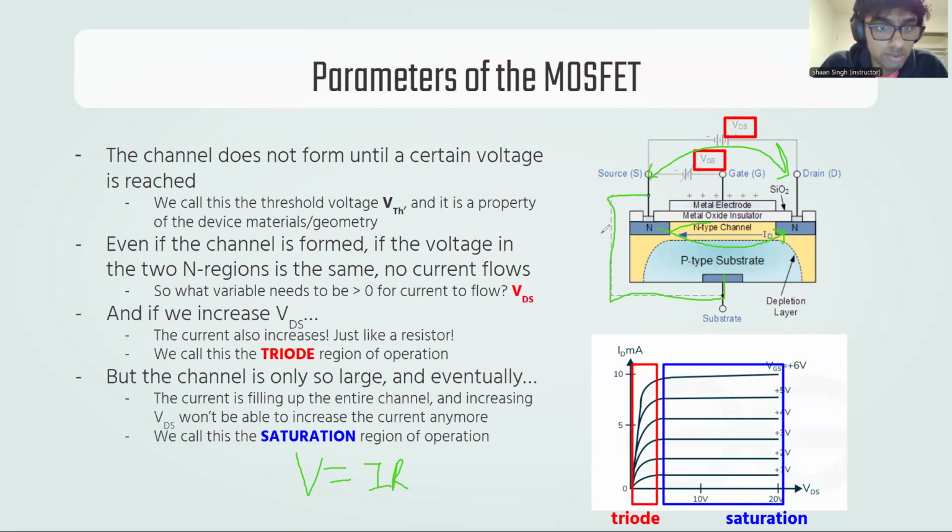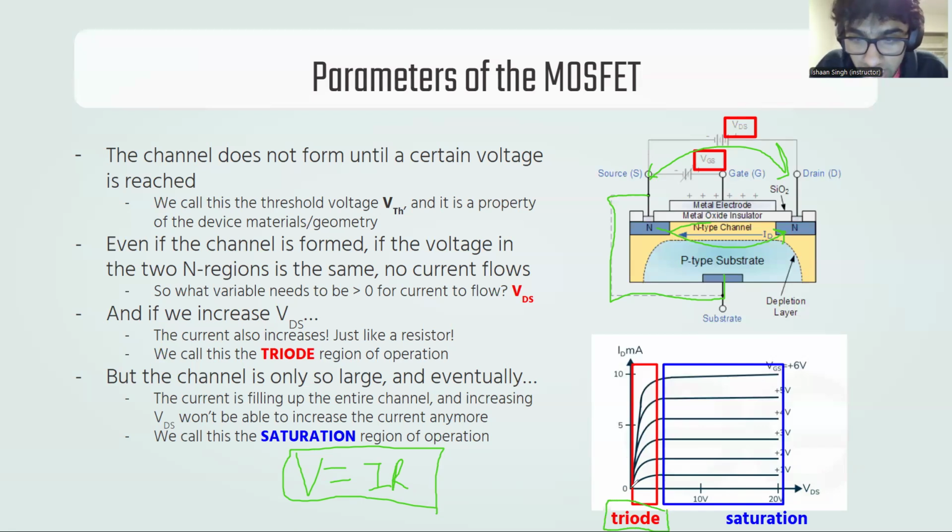Why in the triode does the transistor act like a resistor? It's because the current varies with respect to voltage. That's the key property of a resistor. This is the equation for a resistor, Ohm's law. What a resistor does is, when we change voltage, we change the current. The only reason I'm saying triode is like a resistor is because when we change voltage, we change current.